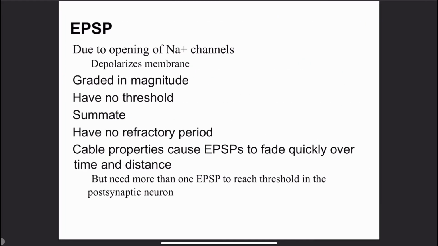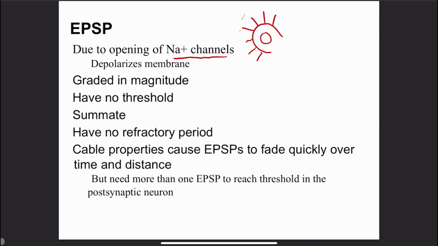So excitatory postsynaptic potentials depolarize the membrane because they are able to open these channels around the cell body or the dendrites. Again, this is not what we talked about last week. This is different, this is graded, this is local, and it only occurs in this area. So it's graded in magnitude.